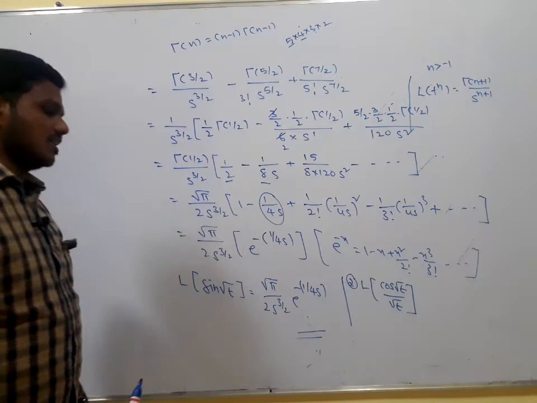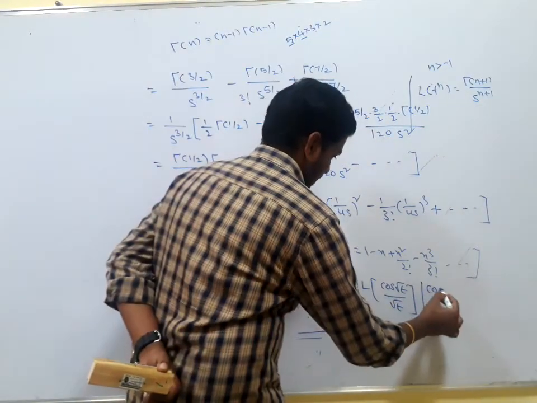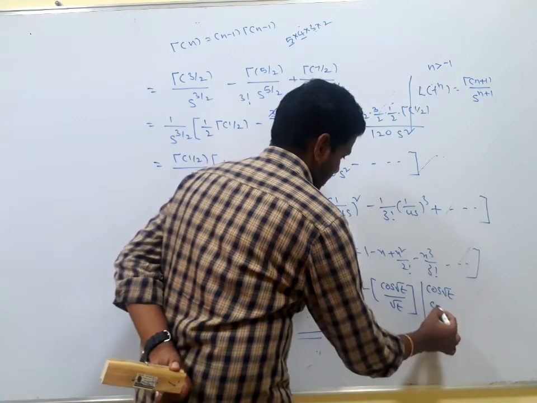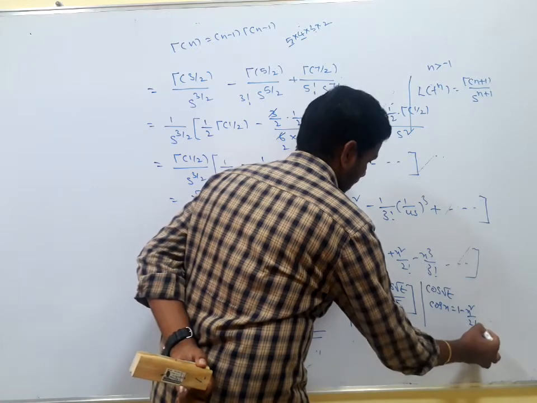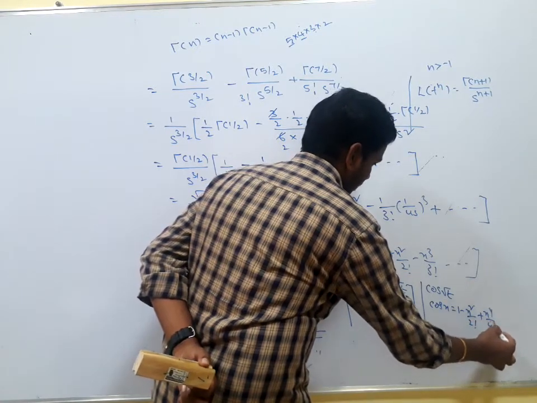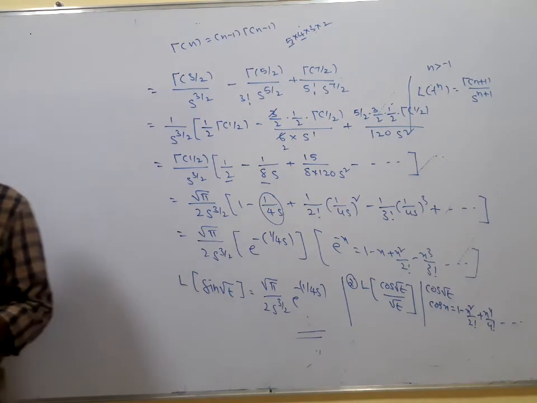Right, first you write the expansion of cos root t, or cos x expansion, which is equals to 1 minus x square by 2 factorial plus x to the power of 4 by 4 factorial, and so on, then multiplying with the root t, you will get that one.